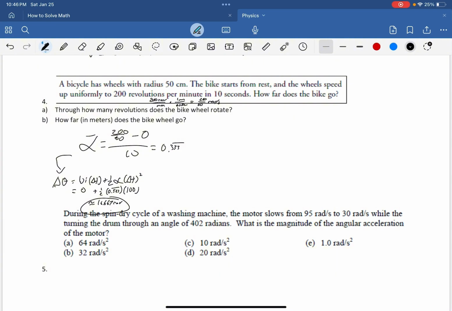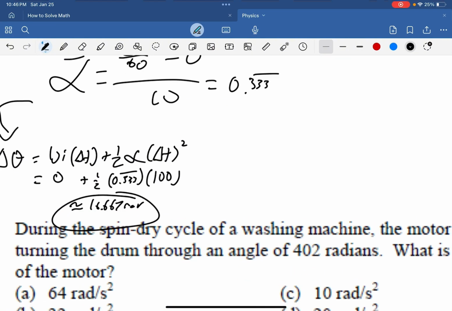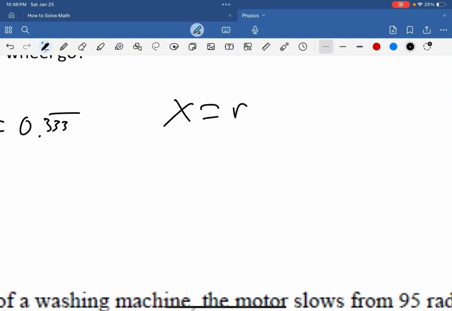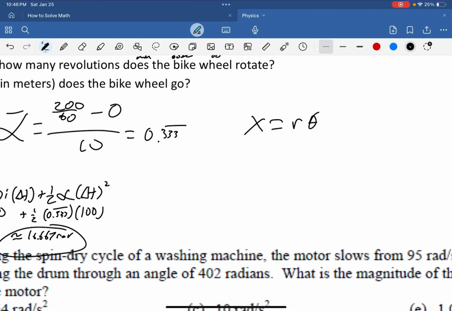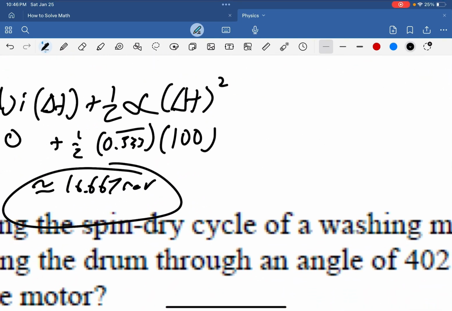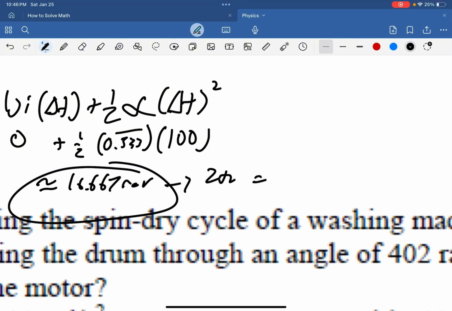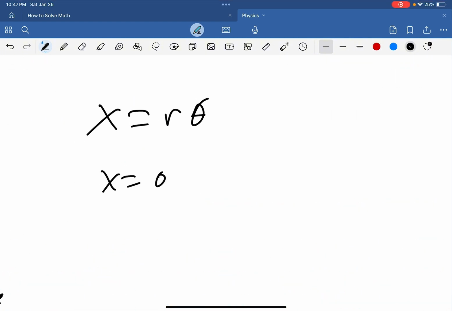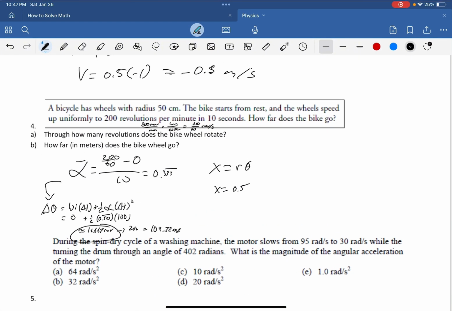Anyways, how far in meters does the bike wheel go? So, we know that the linear position equation relating it to angular kinematics is r theta. And theta, we just figured it out, and we said that we can only use those equations when it's in radians. So let's just multiply by 2 pi, which means this is going to be 104.72 radians. So x is equal to 0.5 because we established that it was 50 centimeters away from the center.